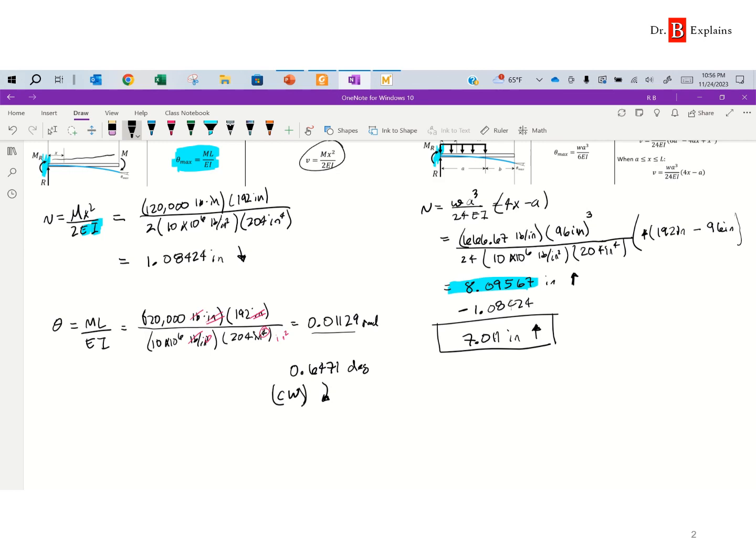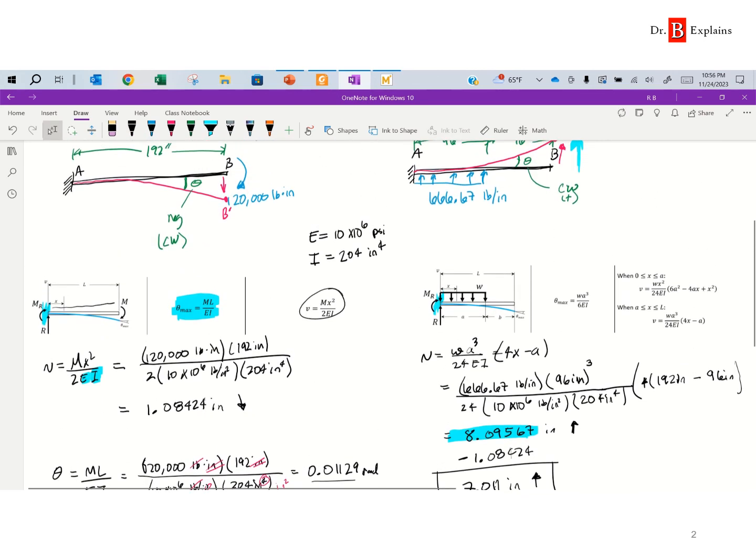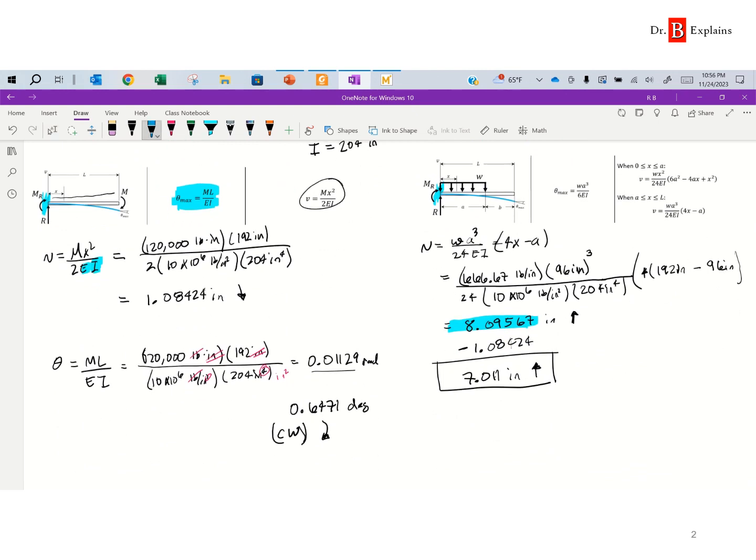Let's go ahead and figure out what is the contribution from the distributed load. The formula for the angle is given as theta equals W times A cubed divided by 6 EI, where the distributed load is 666.67 pounds per inch.